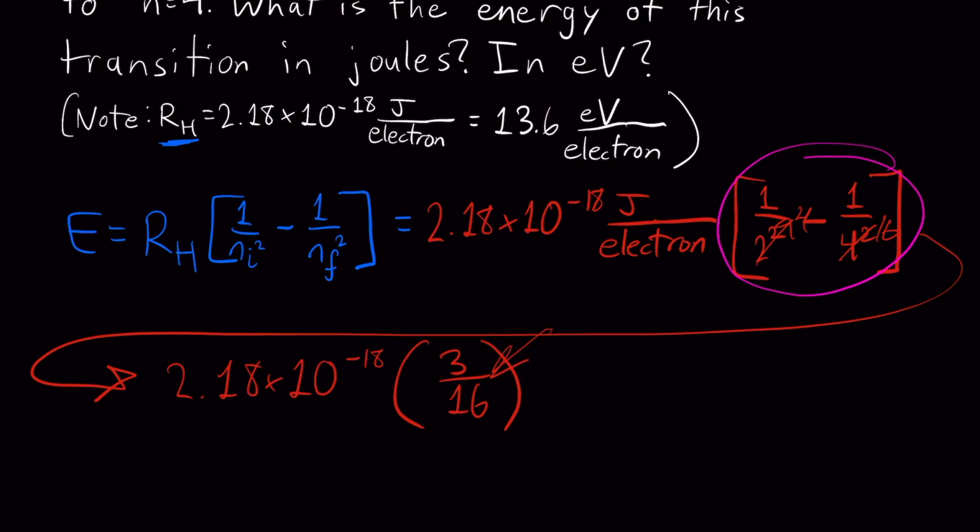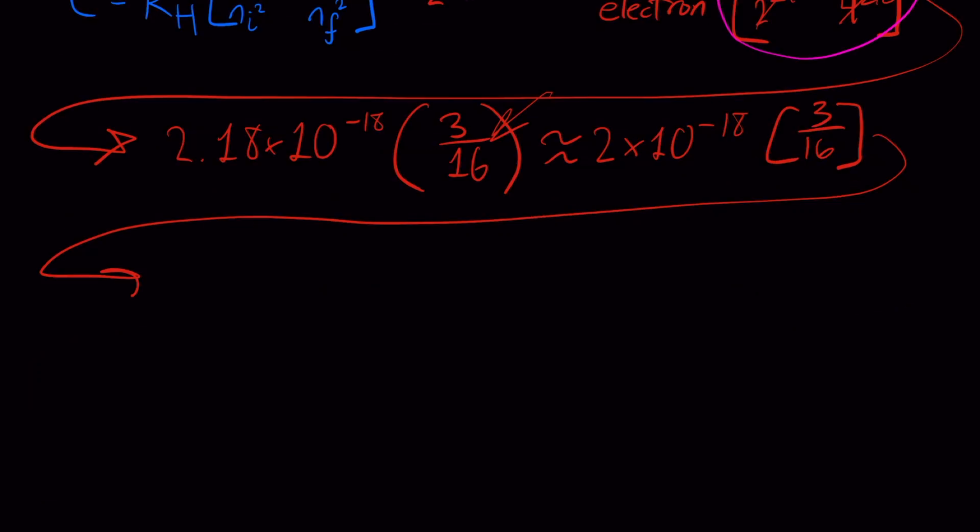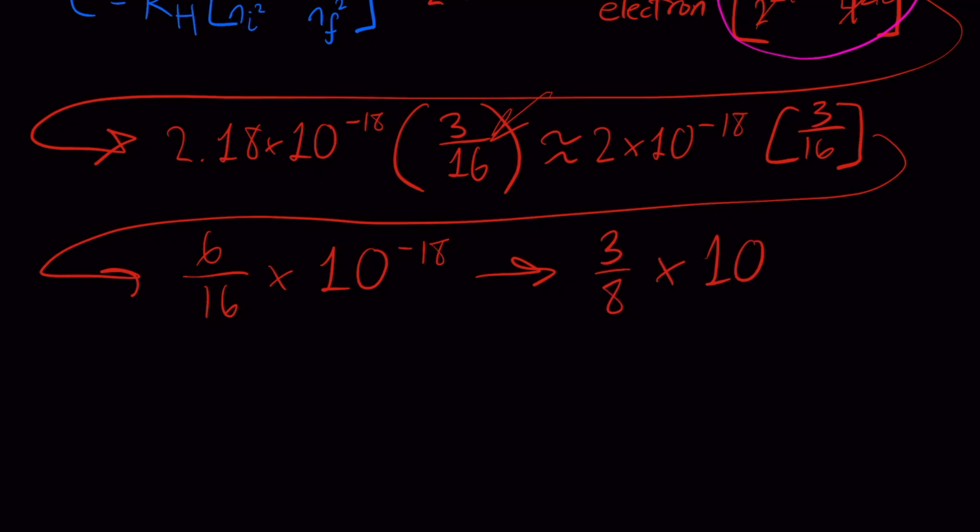Now we're going to estimate this and turn it into 2 times 10 to the negative 18 times 3 over 16. Then we multiply: 2 times 3 over 16 gives us 6 over 16 times 10 to the negative 18, which further simplifies to 3 over 8 times 10 to the negative 18.